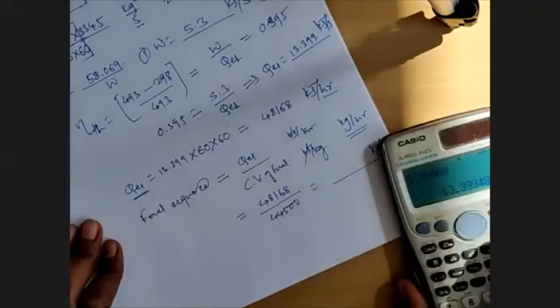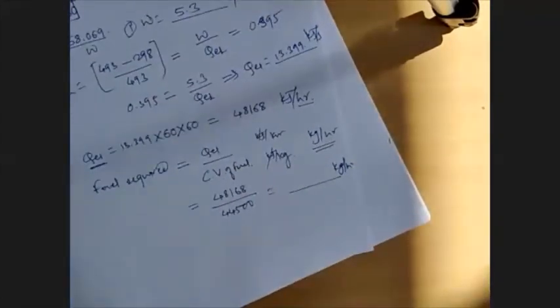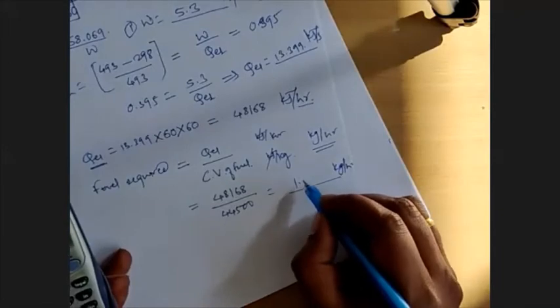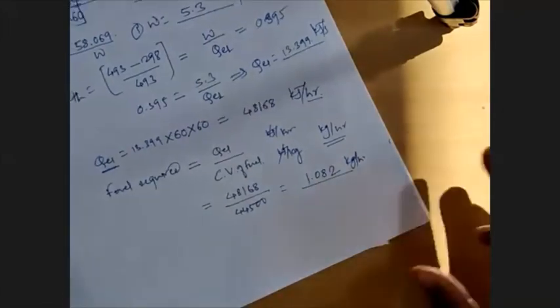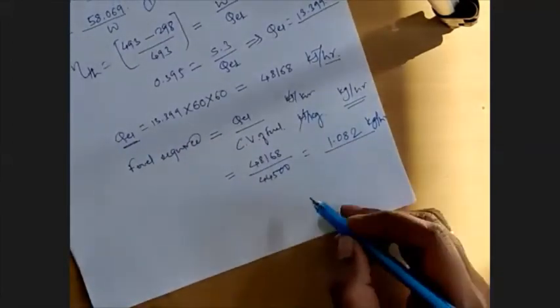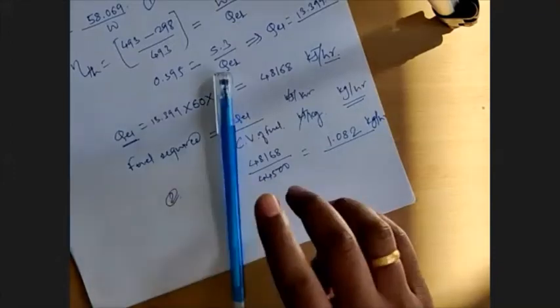Calculate this one. 48168 divided by 44,500. 1.082 kg of fuel has to be burned per hour. So this is answer of the second question.